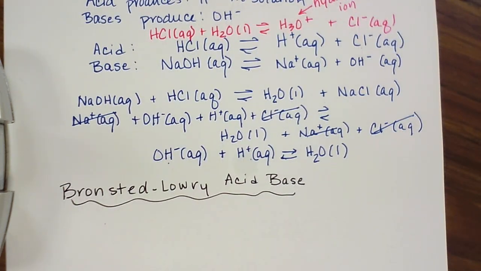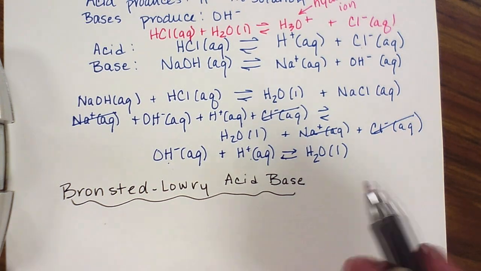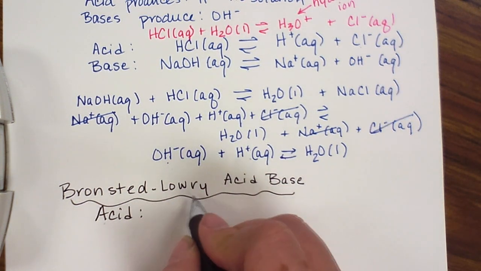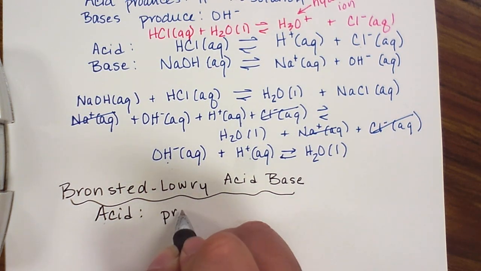Bronsted-Lowry. So Bronsted-Lowry is interesting. The acid is considered to be a proton donor.